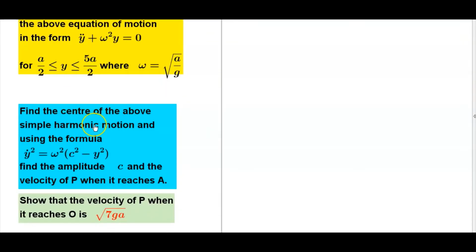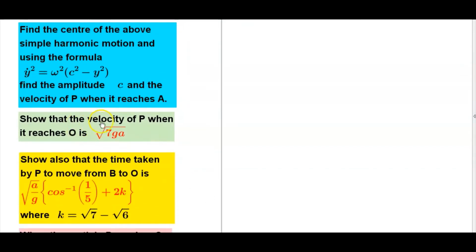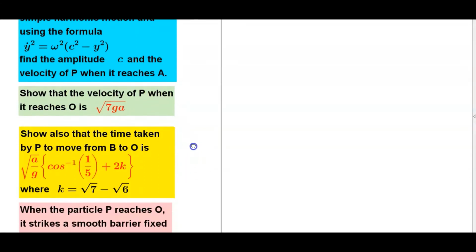Find the center of the above simple harmonic motion and, using the formula y dot squared is equal to omega squared into c squared minus y squared, find the amplitude c and the velocity of P when it reaches A. Show that the velocity of P when it reaches O is square root of 7ga.